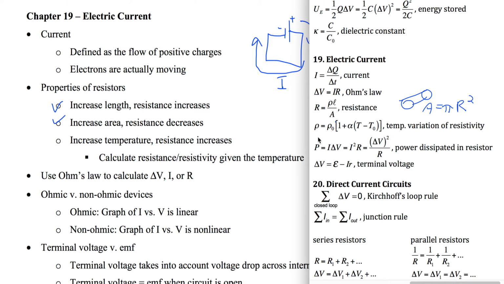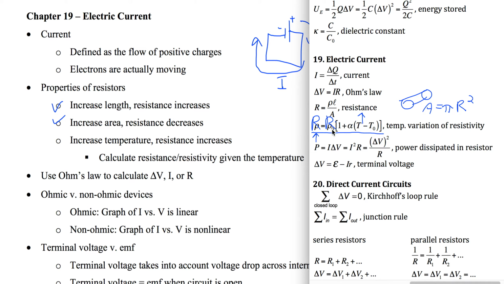So this has to do with this equation right here, which we can pretend that there's an R here and an R here instead of resistivities. Since rho and R are directly proportional, the equation applies for resistance as well. So this one is the one that says that if you increase the temperature, which is this one, then the final resistance is going to increase as well, which is this one.